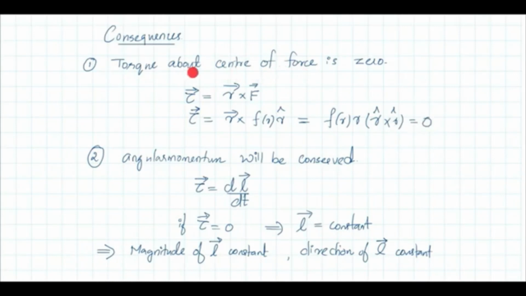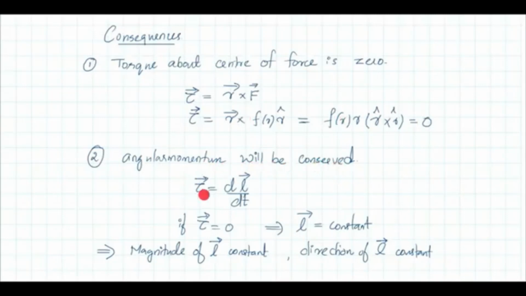That term is very important. Torque is defined with respect to some reference point. Torque about the center of force is 0 in the case of a particle moving under the influence of a central force. The second point is that if the torque about the force center is 0, then the angular momentum about the force center will be a conserved quantity.